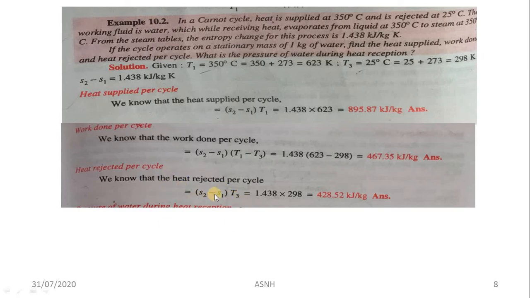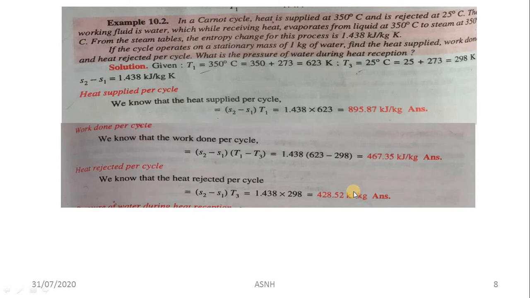So change in entropy into absolute temperature is nothing but the heat rejection. The value of the change in entropy is already mentioned in the problem, and the T3 value is also given. After that we get the answer of 428.52 kilojoule per kg.